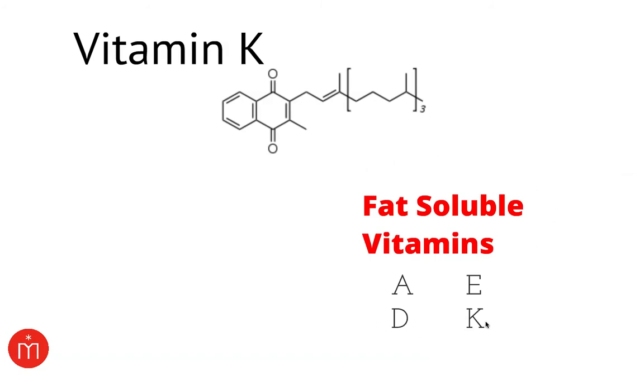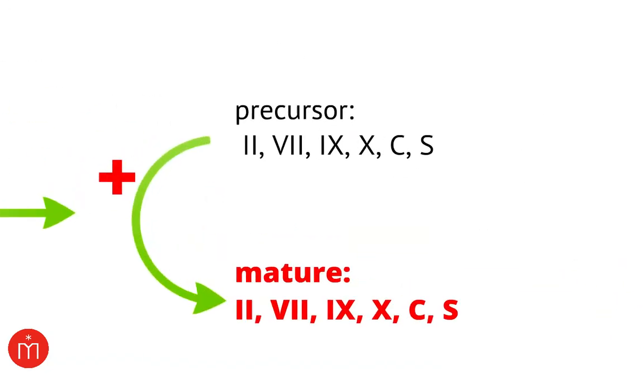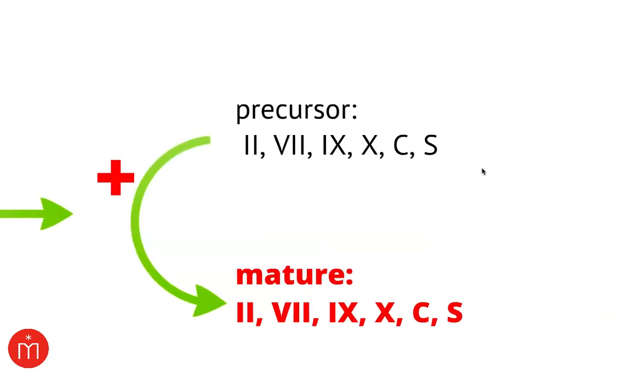But when we think about fat-soluble vitamins, we need to think about them as functioning similarly to steroids, or that is, in most cases, functioning similar to steroids, and that they're able to pass through lipid membranes. Okay. Now, when we think about vitamin K in the setting of this reaction, the maturation of coagulation factors, we need to think about what it actually does.